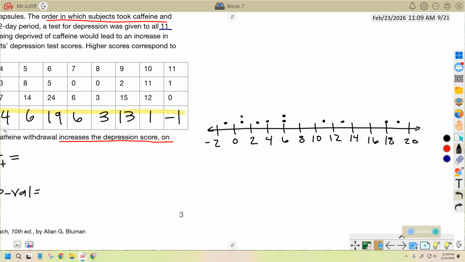So I would say no outliers, no strong skew. Happy face. So we pass the checks.